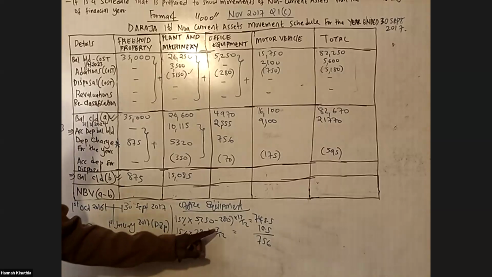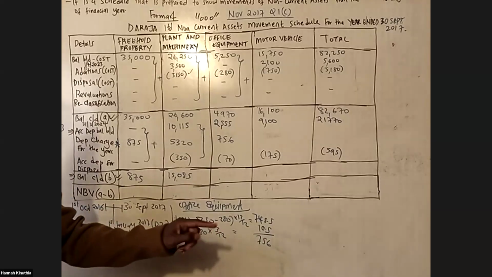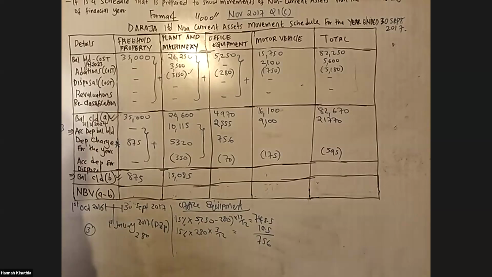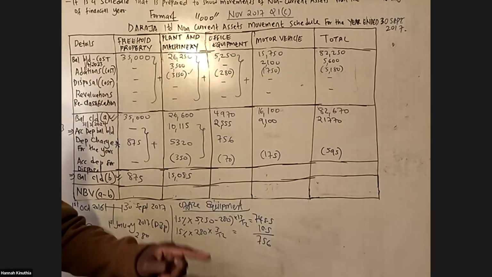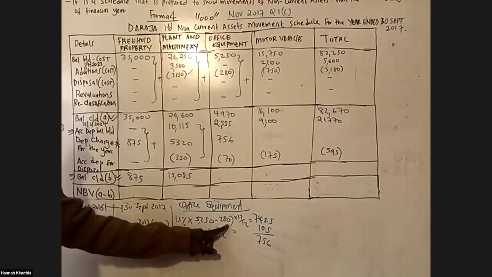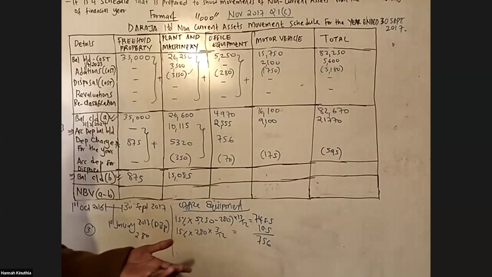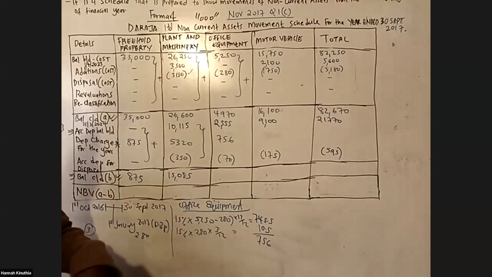Otherwise we would calculate depreciation for machines including the one that was disposed during the year. So we must remove it first to get the depreciation for the available machines. The 280 is not there as the year ends.